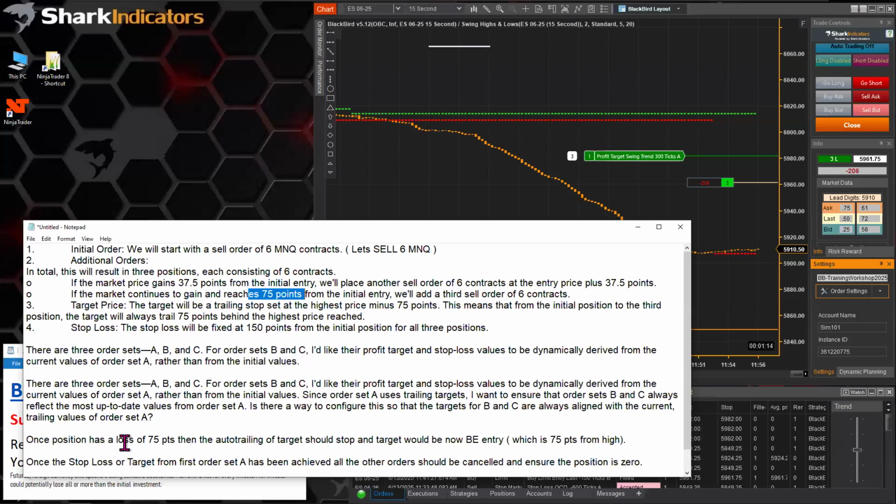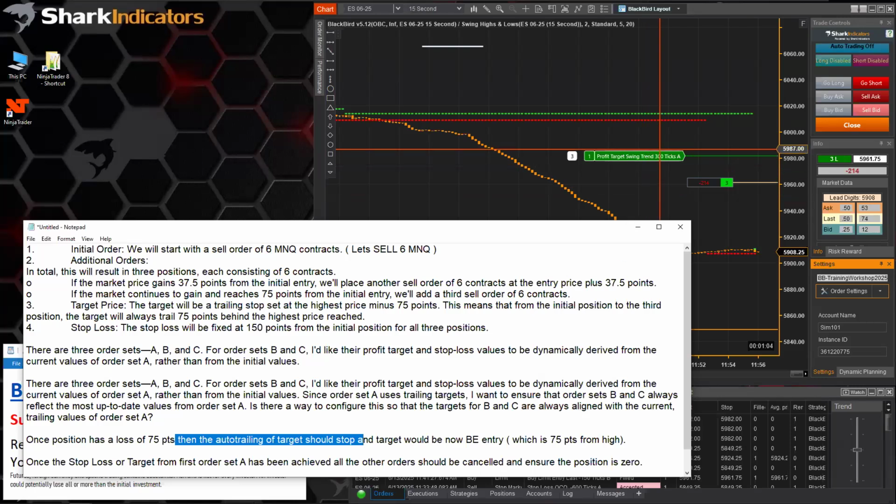So once the position of the trade has reached a 75-point loss, or in other words, if the entry order for C is filled, right, because the entry order for C is 75 points, it's a 75-point loss, then we want to turn off the auto trailing.